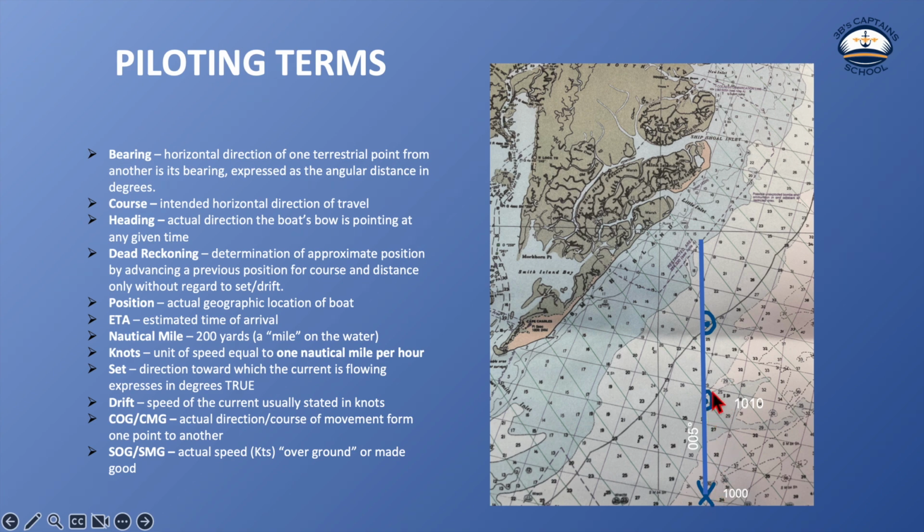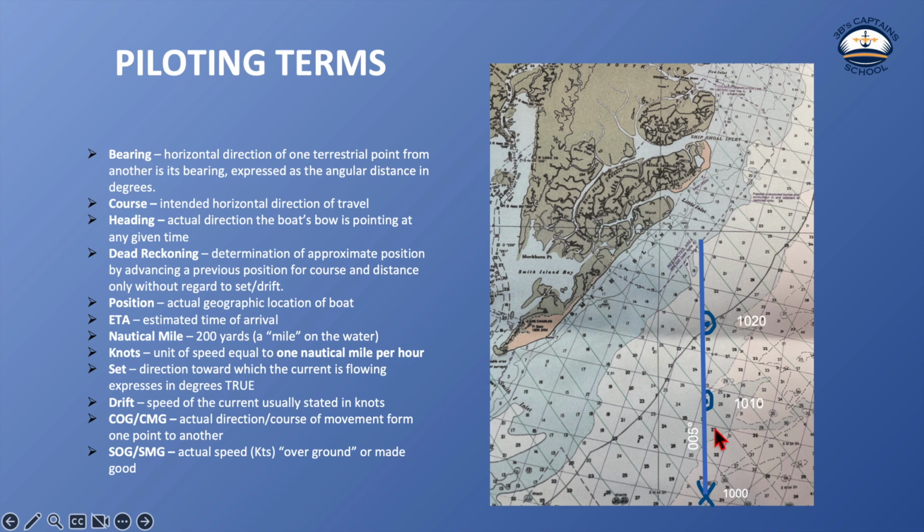So you see this little half circle with this little point. Using dead reckoning, if I left here at 10 o'clock and I was doing, let's say, 6 knots, then at 10 minutes after I left, I should be 1 nautical mile from the point I left.